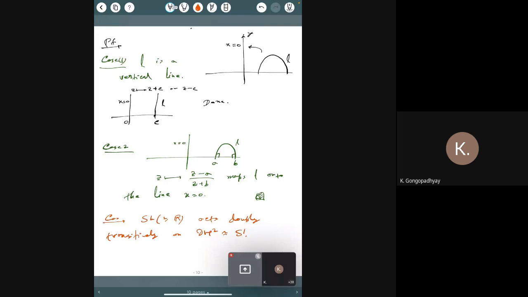That means you take any pair of points on the boundary del H2, they are homogeneous. That means you always get an isometry.